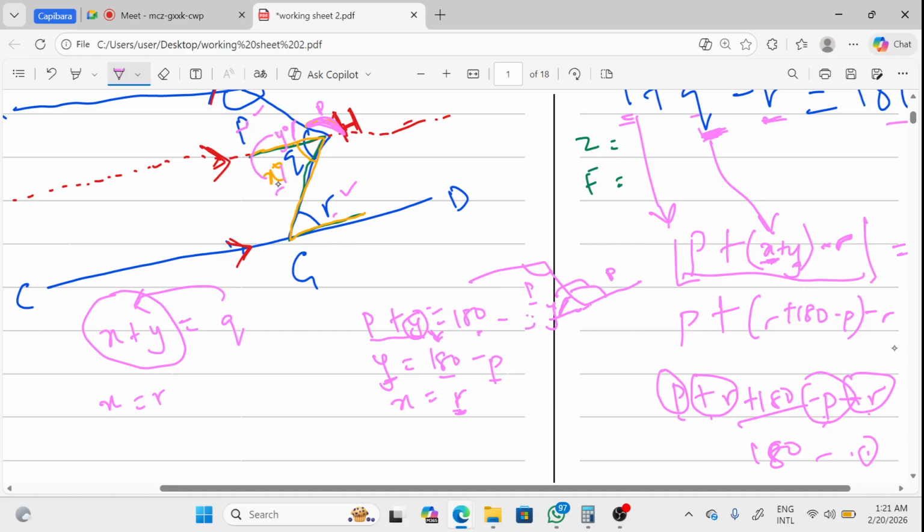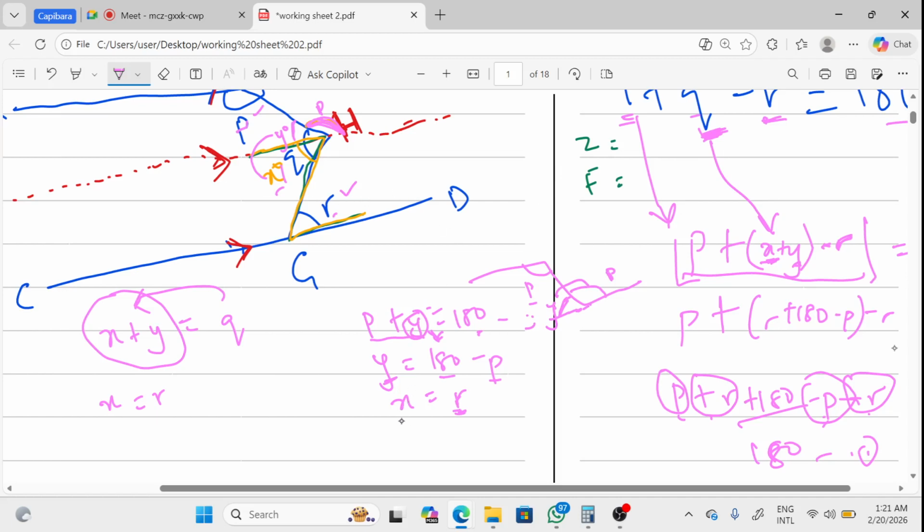Now coming down, look at my golden Z. It's showing that the second portion of Q, which is X, has a relationship with R. The relationship is that they are alternating angles, so they are equal.